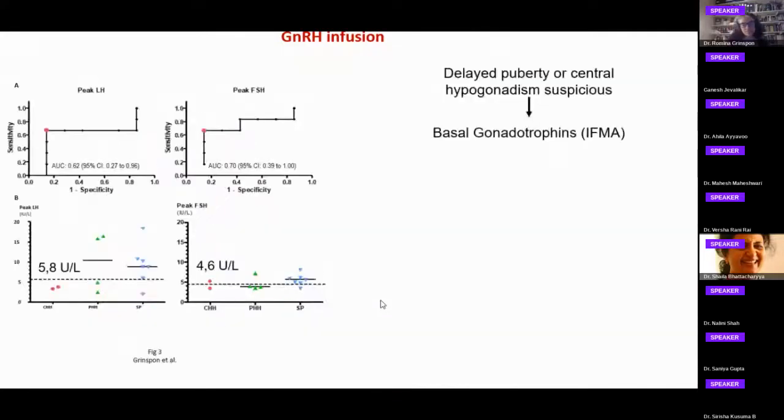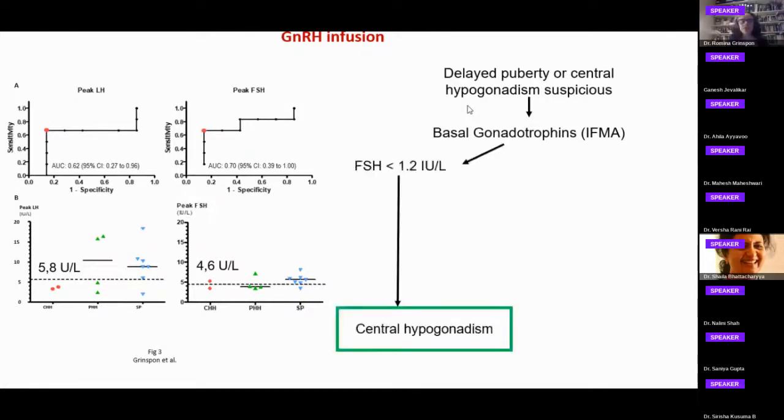Using ROC curves, we determined the cutoff values and we elaborated an algorithm. If you see a patient with delayed puberty or suspicion of central hypogonadism, we first measure basal gonadotropins. If FSH is below 1.2, we can make the diagnosis of central hypogonadism.